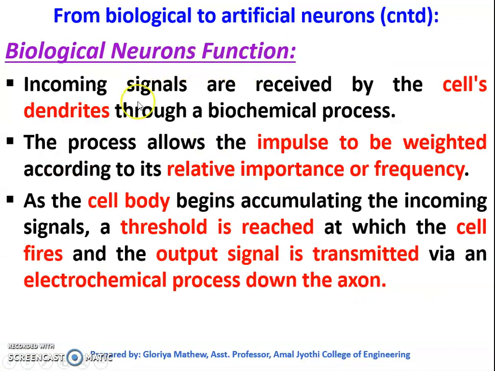Biological neuron function: incoming signals are received by the cell dendrites through a biochemical process. The process allows the impulse to be weighted according to its relative importance or frequency. As the cell body begins accumulating the incoming signals, a threshold is reached at which the cell fires and the output signal is transmitted via an electrochemical process down the axon.